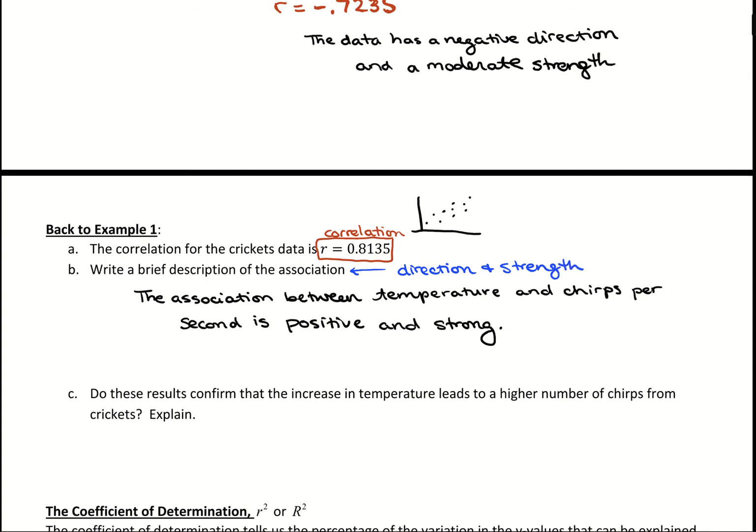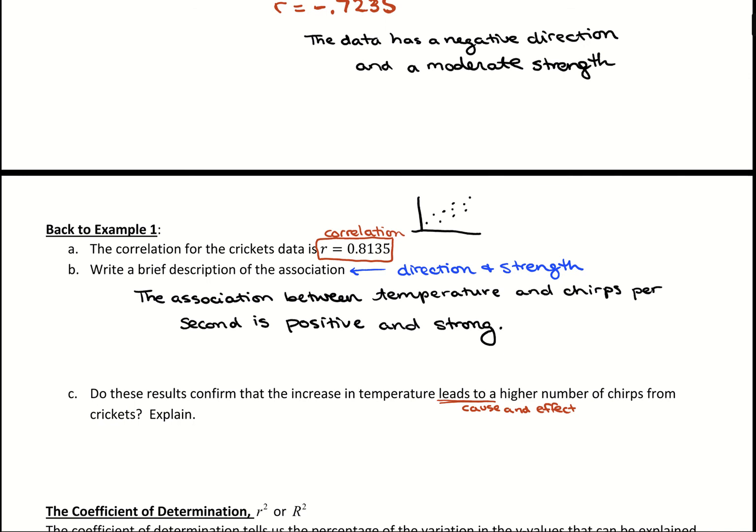Do these results confirm that the increase in temperature leads to a higher number of chirps from crickets? Now that leads to is just a little too strong a wording. That's suggesting cause and effect. If one thing happens, it leads to another, which we still don't have here, and we just will never have, no matter how strong the data is.